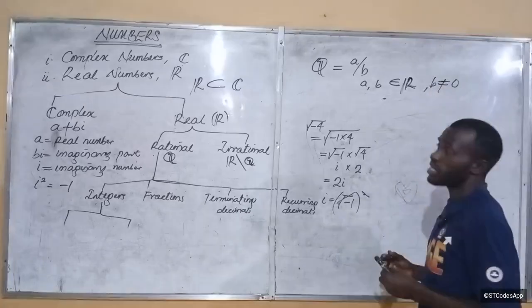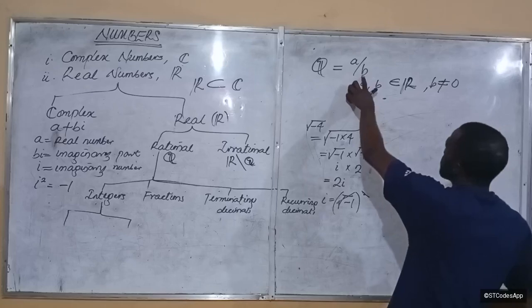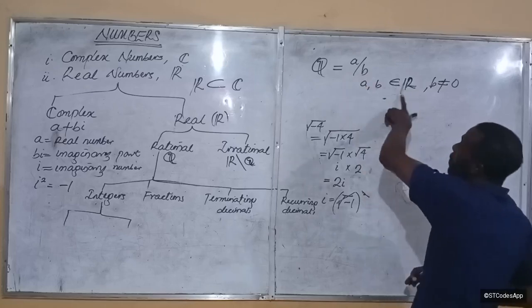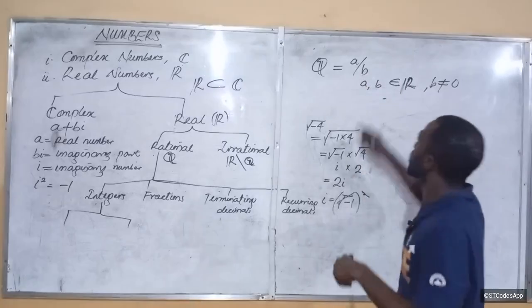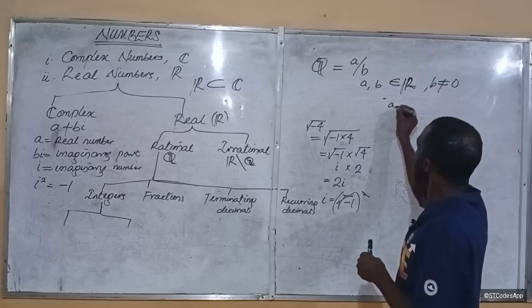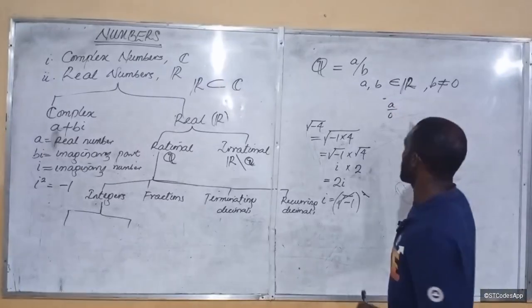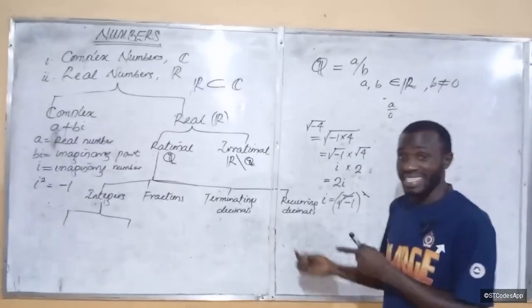Do you know what that means? Since B is not equal to 0, it means that B must be any other real number. B should not be equal to 0, because if B is equal to 0, we'll have an indeterminate term. An indeterminate term means a term that does not have an answer.